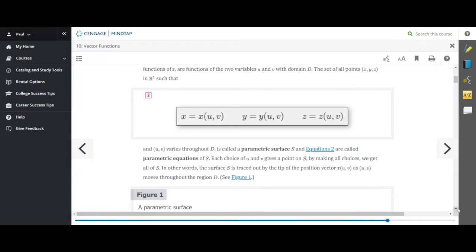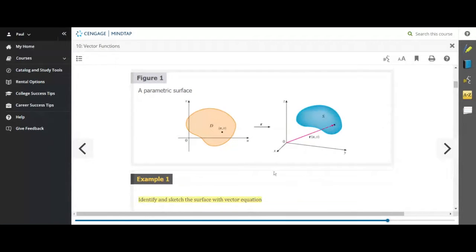And if we were to look at this geometrically, figure 1 shows what we're doing. Figure 1 has the uv parameters. Like if you think of the variables x and y, you have a plane with an x-axis, a y-axis, and all the x, y coordinates.